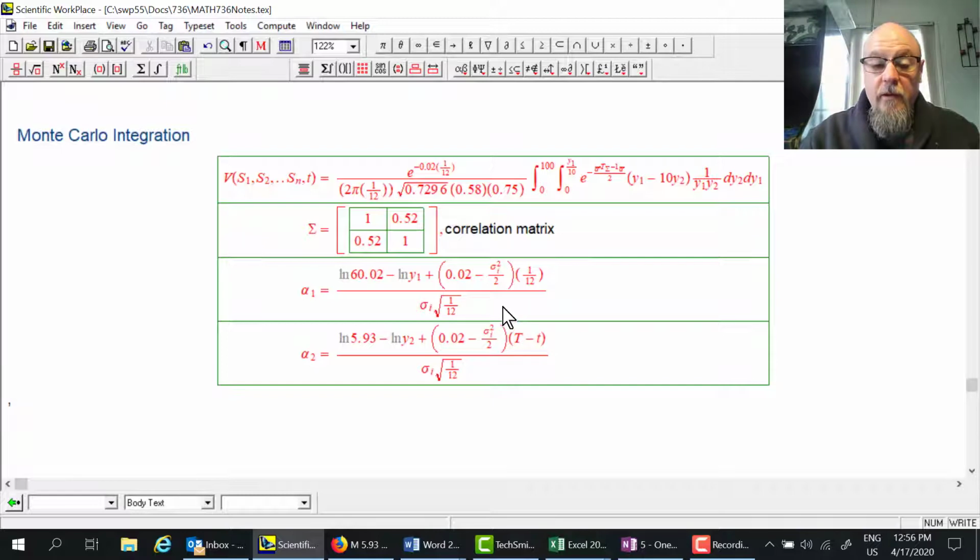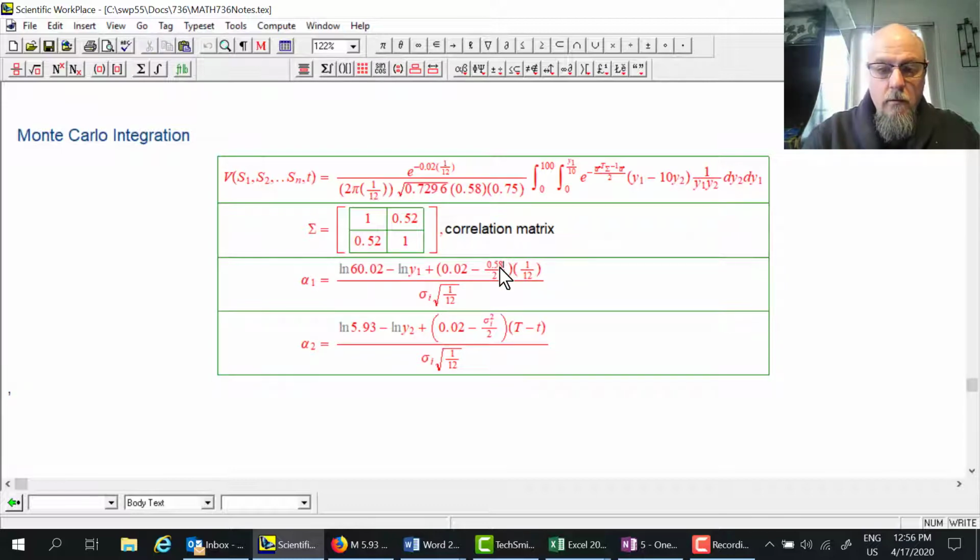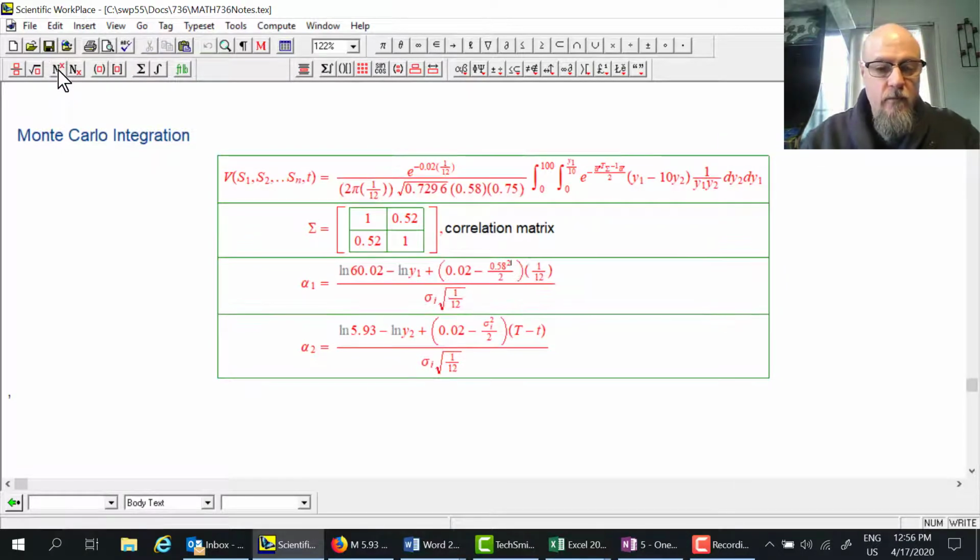Now we've got to put the sigmas in. Sigma 1 is 0.58, squared. Okay, so that's all numbers except for the y1. Sigma 2 is 0.75.